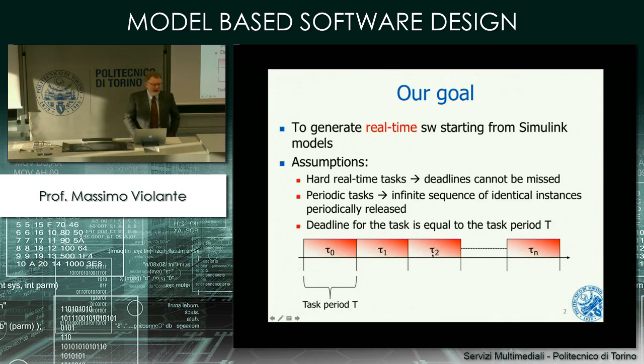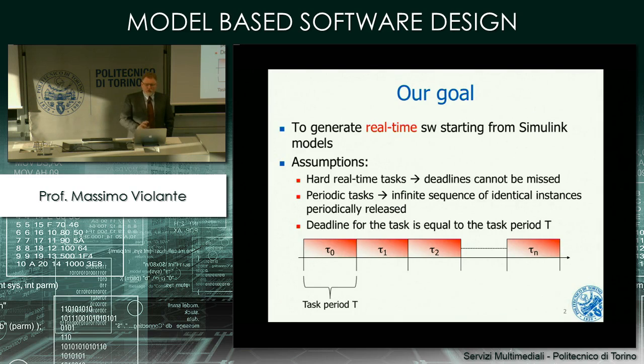So you will have an infinite sequence of identical tasks that are periodically released, okay? Then the period, for the sake of simplicity, is set equal to the deadline. So we have just one temporal parameter that is t, the task period. This is a periodic task, okay? It is not an asynchronous task, it is not a sporadic task, it is a periodic task, okay?